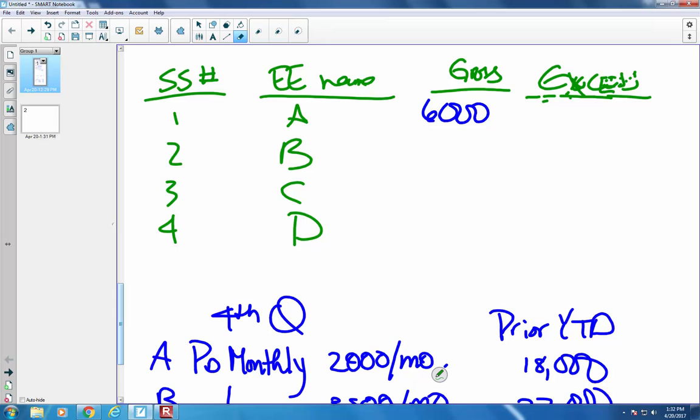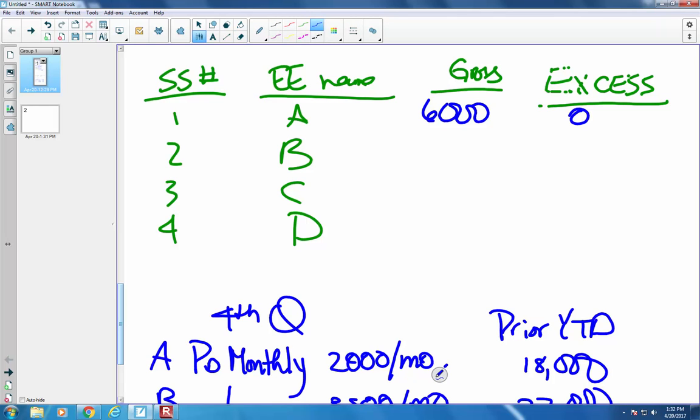How much of that 6,000 was over 31.4? None. Go ahead and complete the chart.